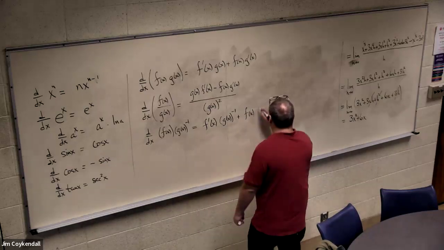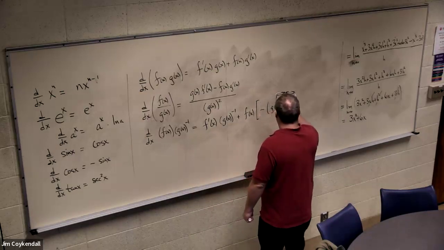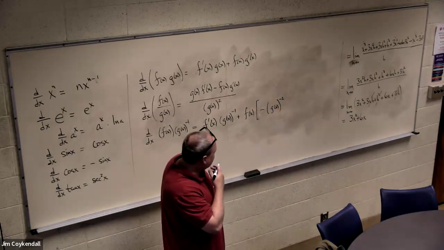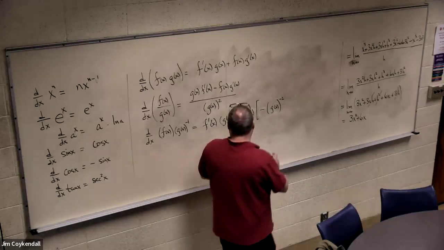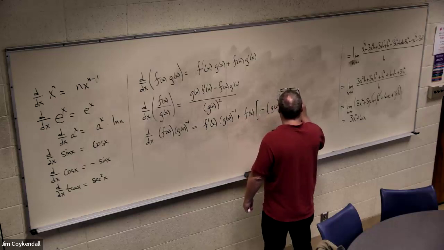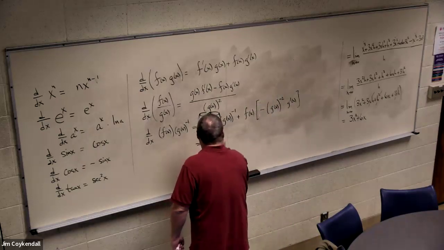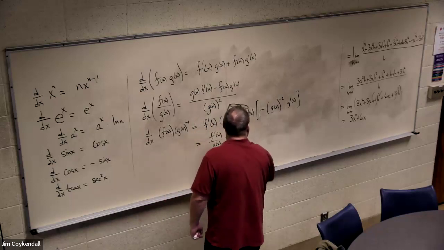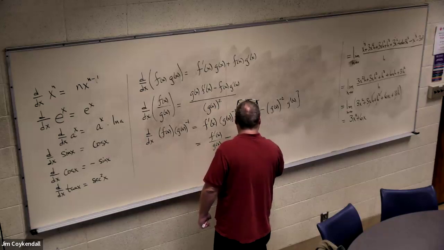Okay, good. It's not quite finished. What are you going to multiply it by? Good. The derivative of what's inside the block. And so this is f prime of x over g of x minus f of x g prime of x over g of x squared.